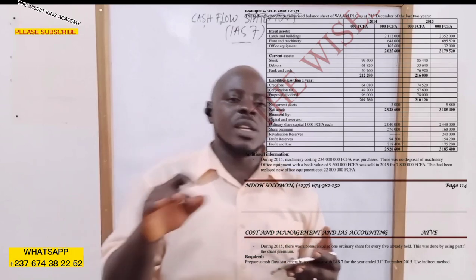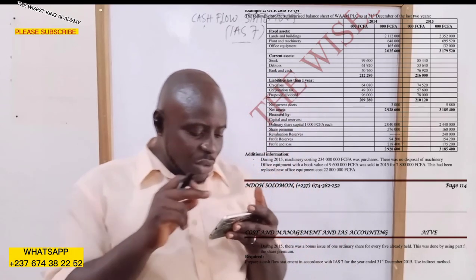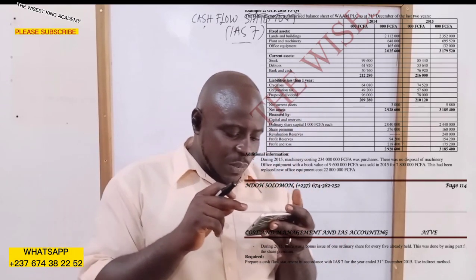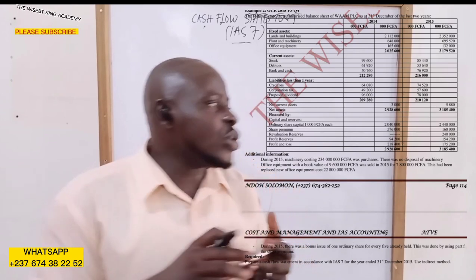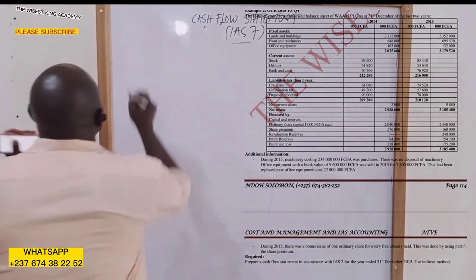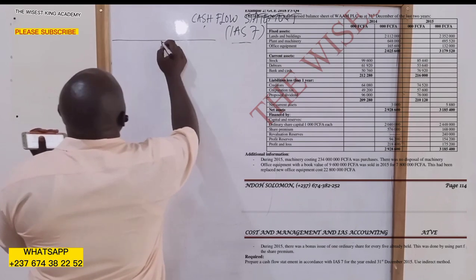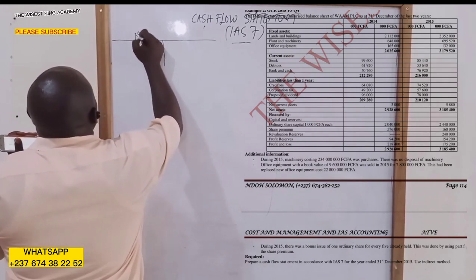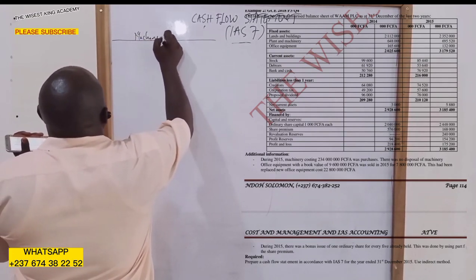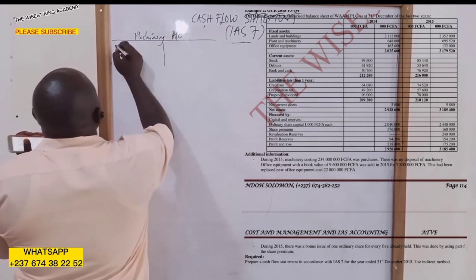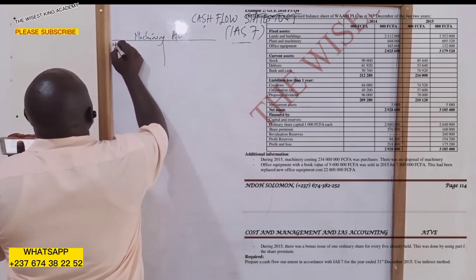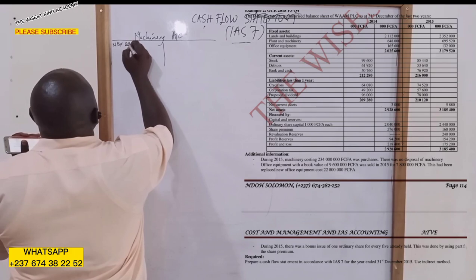How do we start with the working? Start with the additional information. During the year, machinery costing 234 million francs was purchased. There was no disposal. So the first thing we prepare here is the machinery account. So we have net book value for 2014.